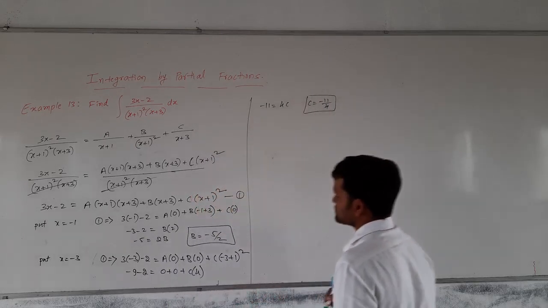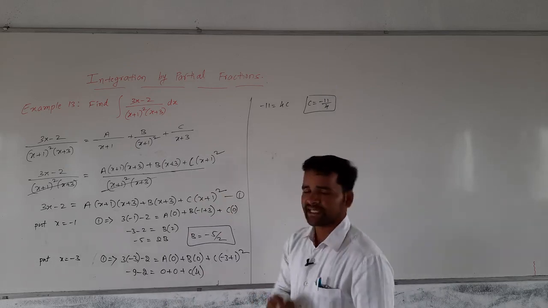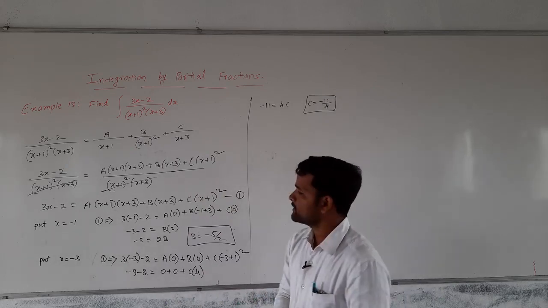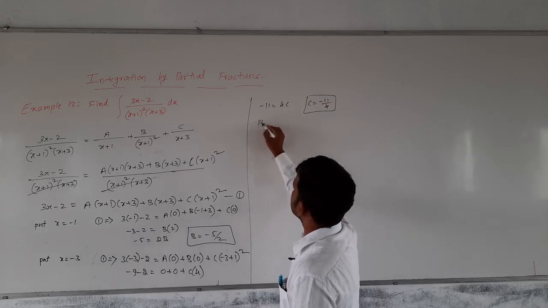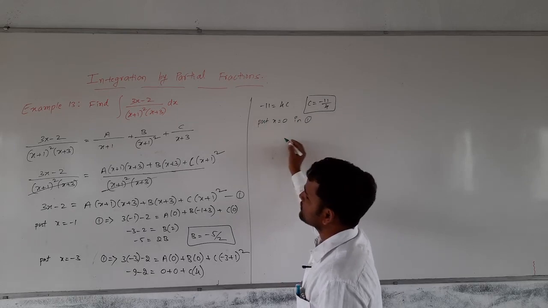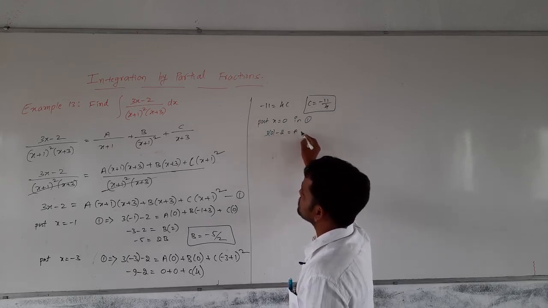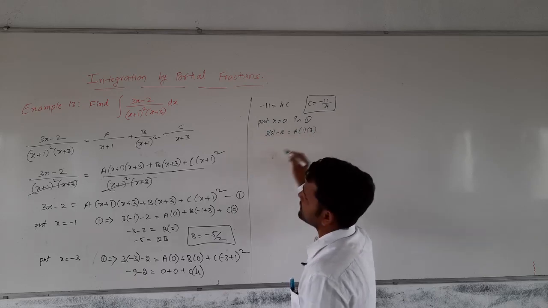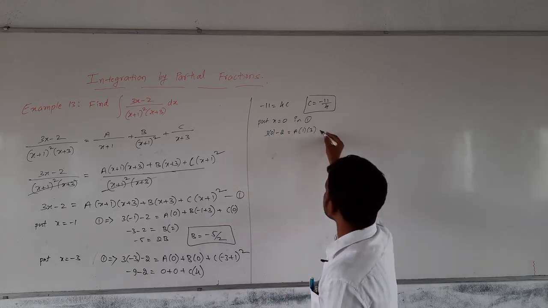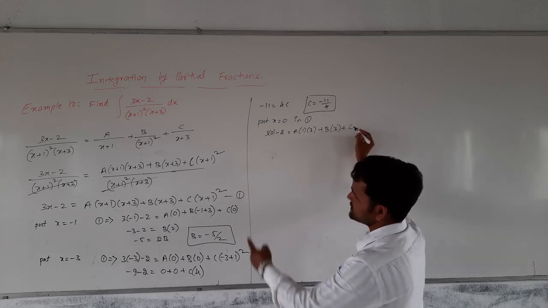Next part is to find out the value of a. So what you do, you substitute any other real number here. I will substitute 0 for easy simplification. Substitute x is equal to 0 in equation 1. What happens? 3 into 0 − 2 equal to a into (0 + 1) into (0 + 3), which is 3, plus b into 3 plus c into 1.